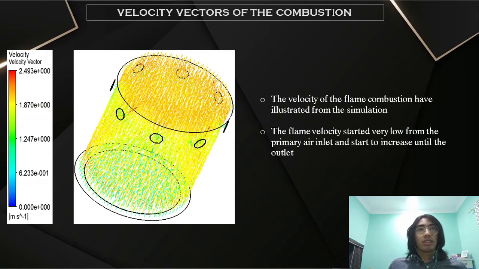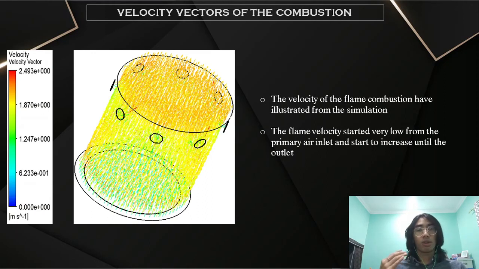As you can see, the image in the slide is the velocity vector of the combustion. The flame velocity starts very low from the primary air inlet and starts to increase until the outlet of the stove. The light color has been observed from the primary air inlets, and it starts increasing to the secondary air inlet regions.